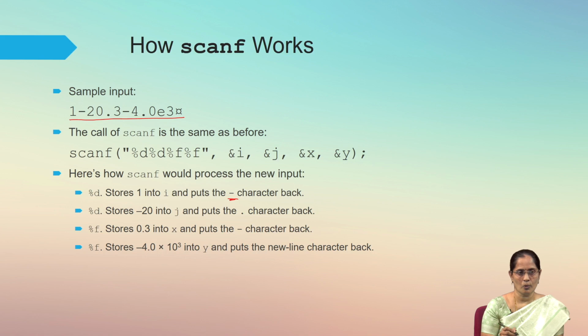Then there is 0.3. When it stores 20 and then reads 0.3, it recognizes that 0.3 is a floating point value and assigns it to the variable x. Then there is an exponential format representation, which will be converted to minus 4.0 times 10 to the power 3 and stored into the variable y.